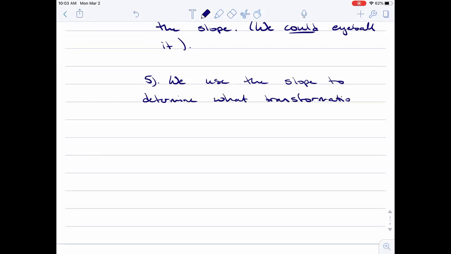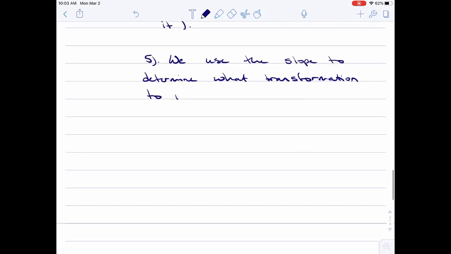There's a table and everything. The transformation that you're going to use is y to the power of 1 minus the slope. I should have given myself more room for the transformation.